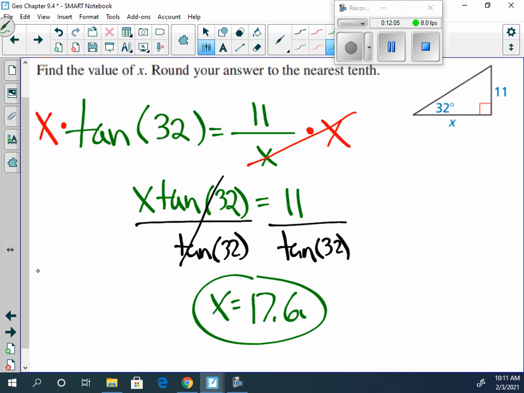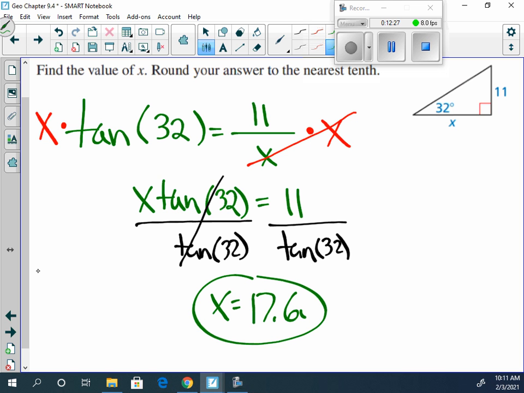Let's look at it. Yeah, because we're dividing it.